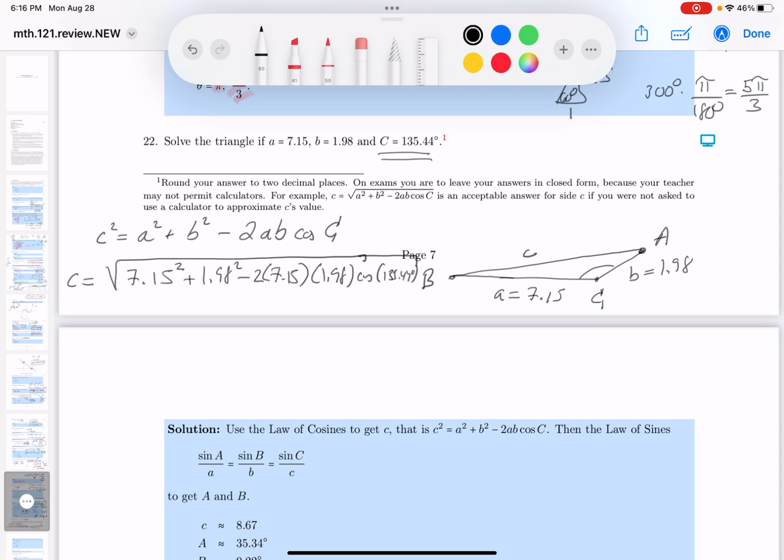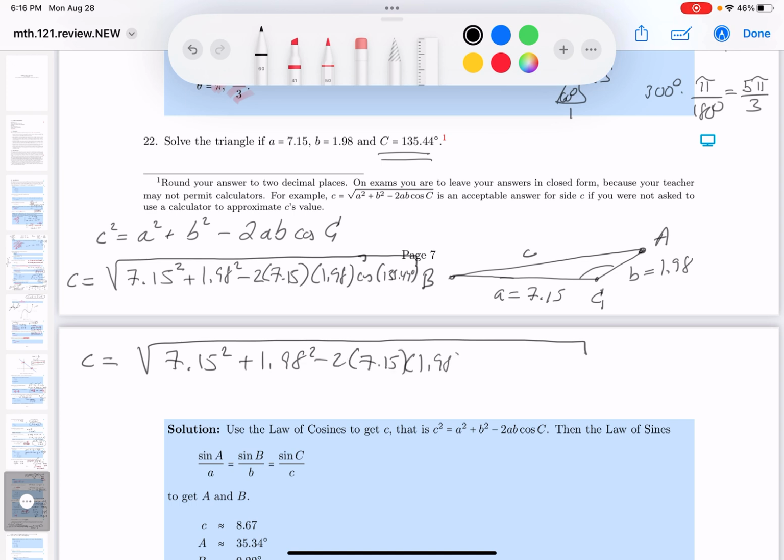I'm going to rewrite that. 7.15 squared plus 1.98 squared minus 2, 7.15, 1.98 cosine 135.44 degrees. If that's an exam question, that would be an appropriate answer right over there.